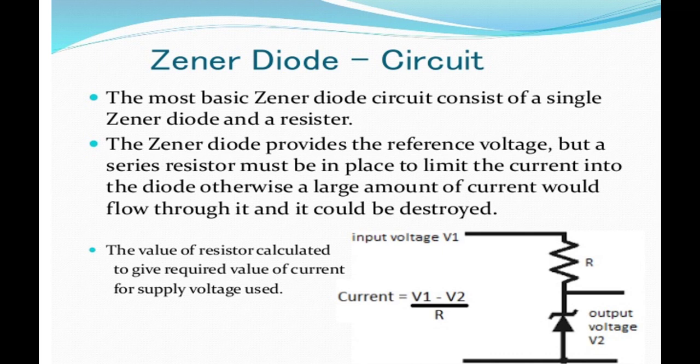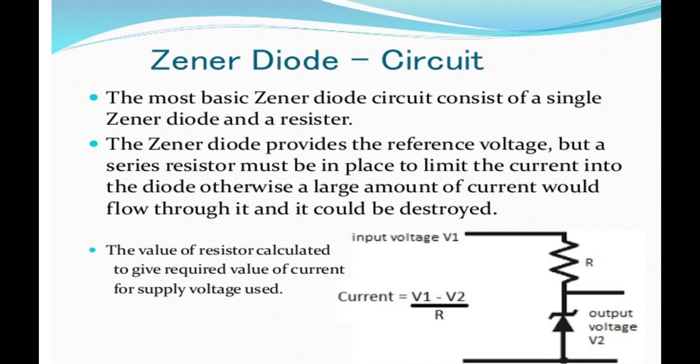Whatever current flows in this circuit, we get it here. Now the question comes to your mind: what value should be selected for the resistor? It totally depends upon our application, how much current and how much voltage we require at the output. On the basis of that, we select the resistor value.